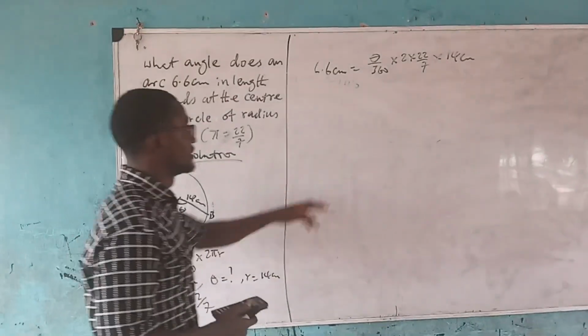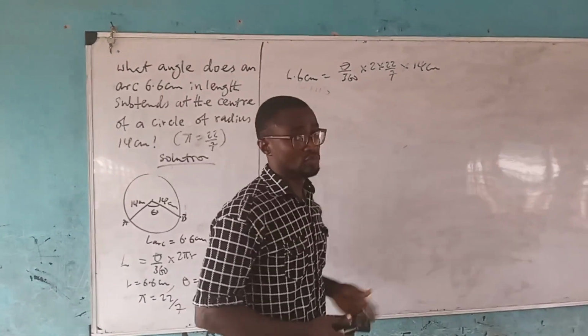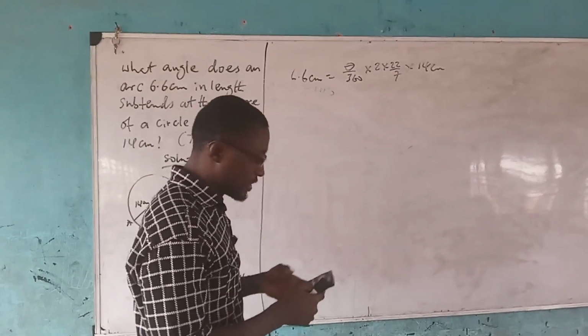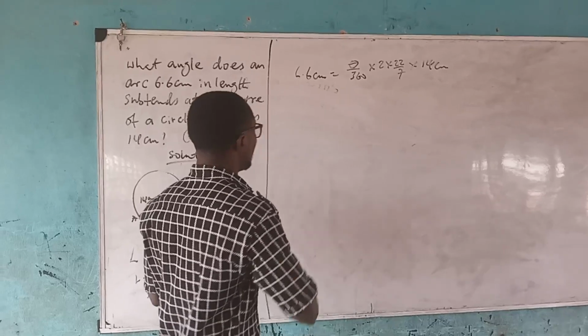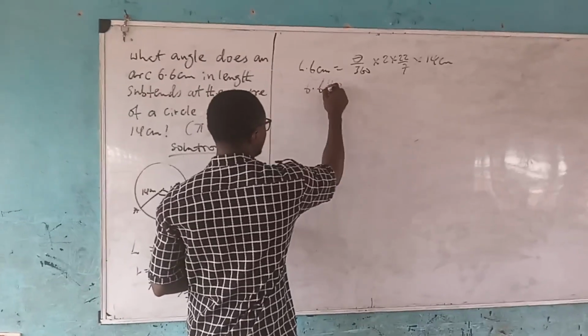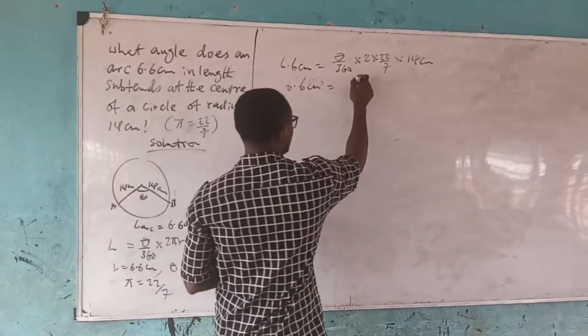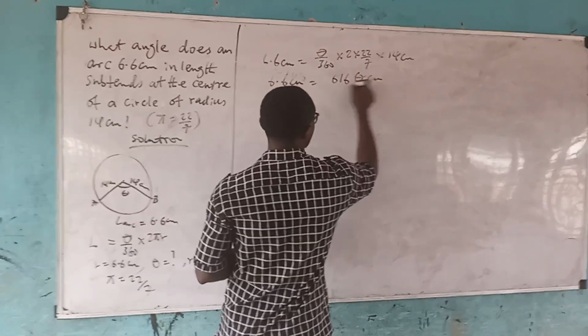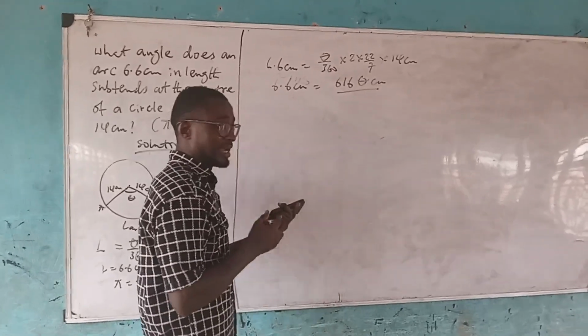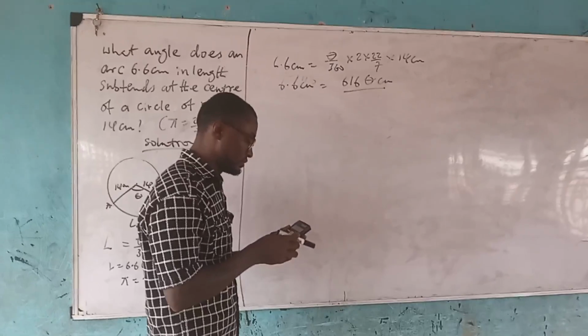So I'm going to have 2 times 22, that is 44. 44 times 14 will give us 616. So I'm going to have 6.6 centimeter equal to 616 theta centimeter all over 360 times 7.